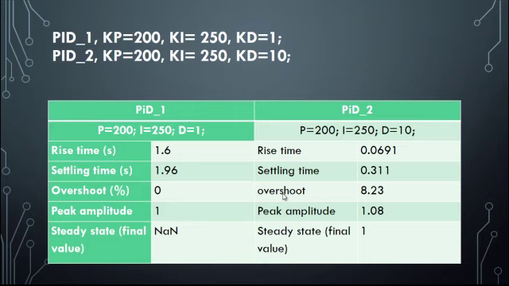For PID1 and PID2, table 1 and table 2 respectively show zero overshoot. PID1 shows zero overshoot and PID2 shows 8.23. When KD equals 1 and we increase the value of KD to 10, the overshoot decreases.